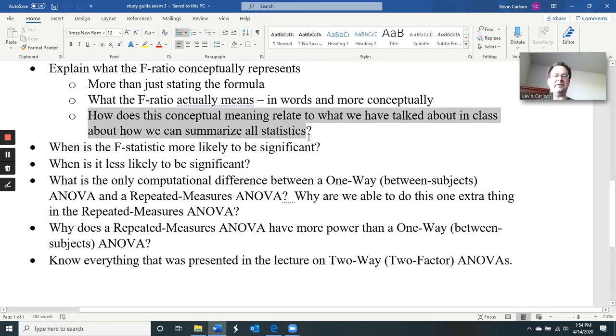So all statistics are that ratio of what we know and don't know. Again, what we know is systematically we can say that this amount of variance in the dependent variable, let's say it's attraction, is directly related to the IV. In this case, it's the color. So we know exactly how much the IV has an effect. And then what's left over is on the bottom.